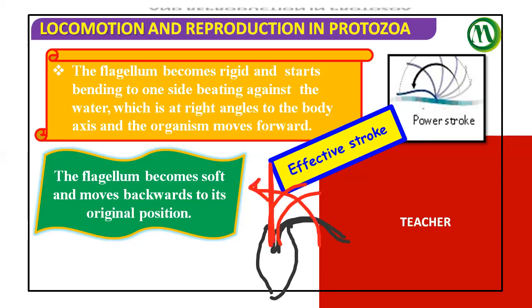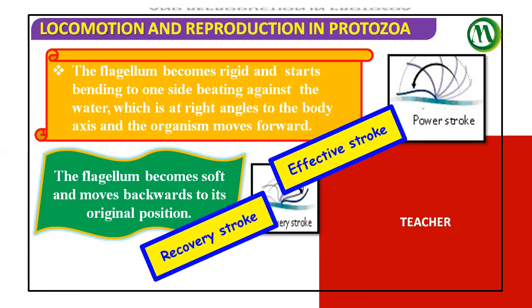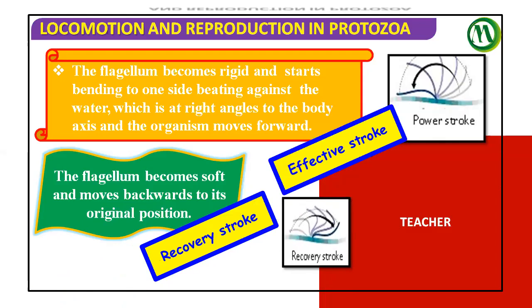That is the recovery stroke: the flagellum becomes soft and moves backward to its original position. A basic swimmer even knows this: while pushing the water, beating against it, we show power, and then we take our hand back in a relaxed mode. That is the recovery stroke, and it doesn't require energy.